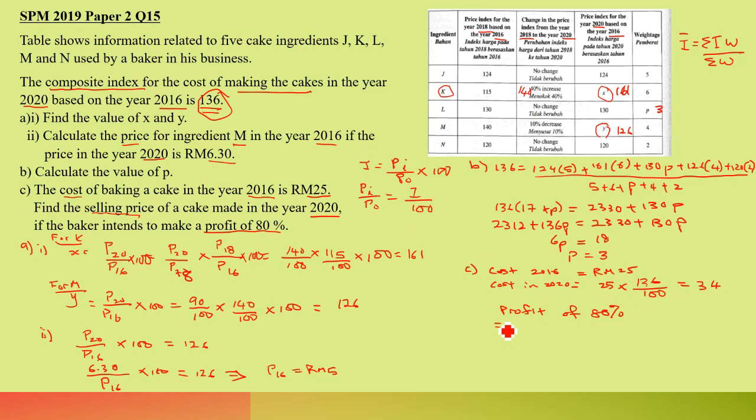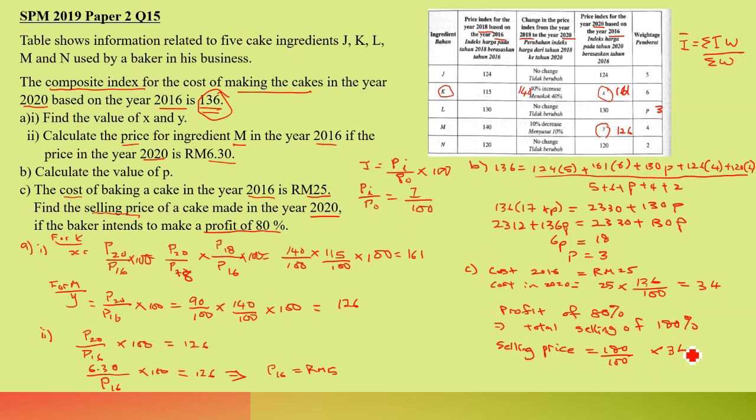So your total selling price with a profit of 80%, you must have a total selling price of 180%, because 100 we consider as the price, 80% as the profit. So it's 180. Okay, since you want to make a profit of 80%, so 100 plus 80, 180. So 180 over 100 times whatever the cost, 34 ringgit.